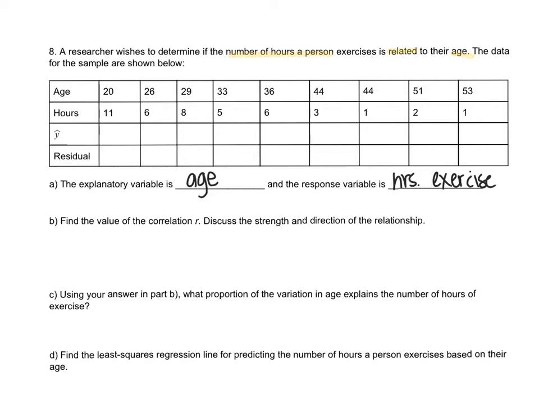exercise. Going back into my calculator and into my lists, I'm going to replace list 1 with my age and list 2 with my hours of exercise in order to calculate my correlation coefficient R. And we're going to get that R is -0.92, which is a strong and negative relationship.